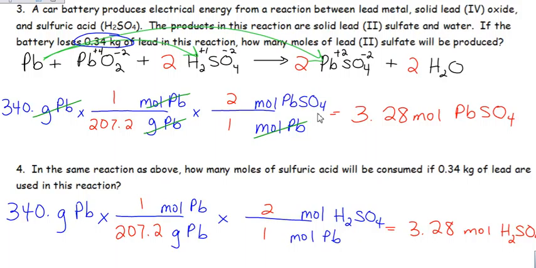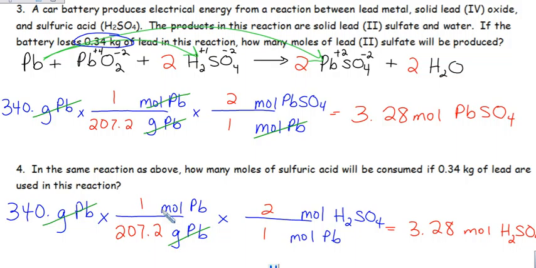In number 4, how many moles of sulfuric acid will be consumed if 0.34 kilograms of lead are used in this reaction? And so again, we'll use the 340 grams because the periodic table's masses are in grams, and I want to get this out of mass in grams and into moles. And then I can make a switch.